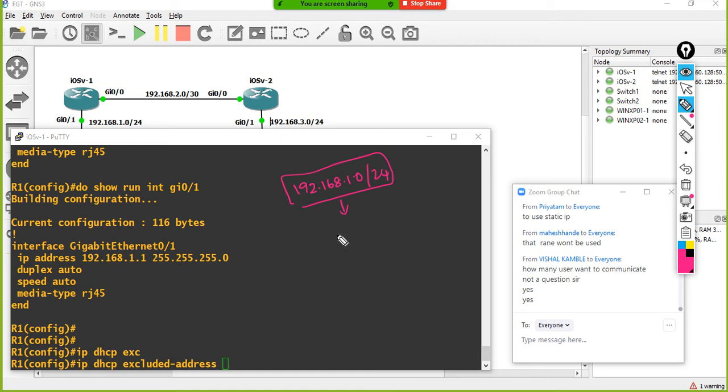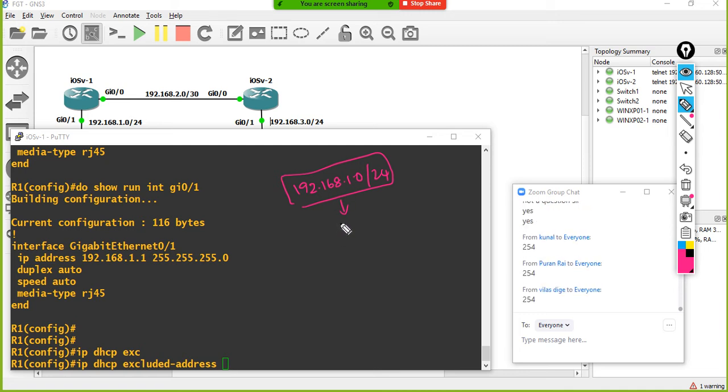Guys, can anybody give me an answer? In this single subnet, how many valid IPs? 254, right?